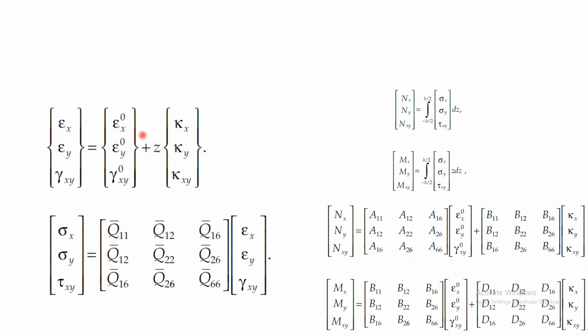Epsilon x is equal to epsilon x naught plus z, the curvature, multiplied by the radius of curvature kx. Okay, so as usual, this is the strain because of the applied load P. So in this case, instead of P, you can call that Nx, Ny, and Nxy. Okay, and these things are developed because of Mx, My, and Mxy. Okay, so like that, the overall strain will be the summation of these two factors.